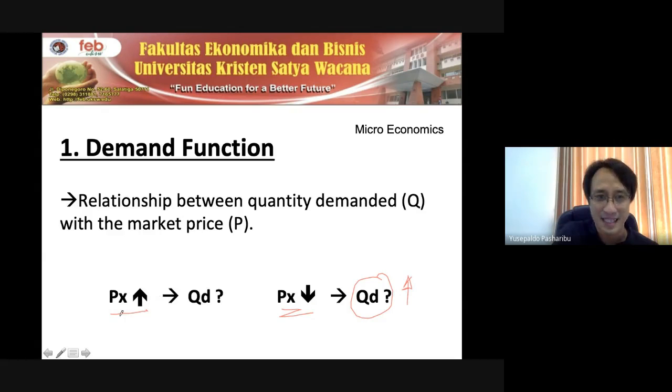If the price goes up, the quantity demanded decreases. Quantity demanded means the quantity that a person wants to order or buy. So the relationship between quantity demanded and price is reverse: if the price increases, then the quantity decreases, because as consumers we want to buy more if the price is cheaper rather than very high. So that's the demand function.